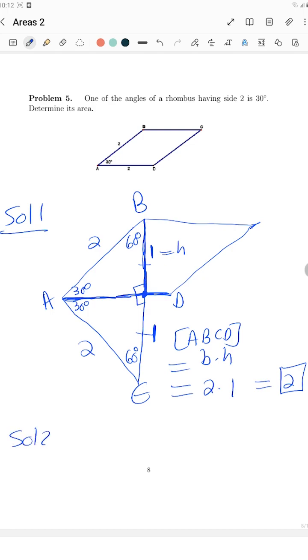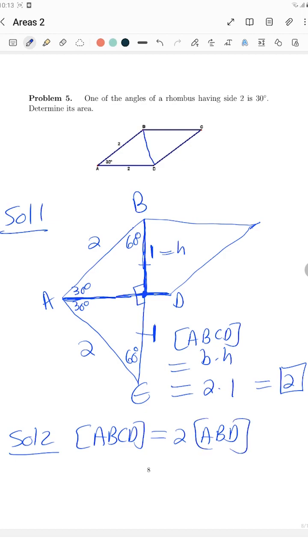There is a second solution if you know trigonometry. If you know trigonometry, we can say that the area of parallelogram ABCD is going to be twice the area of triangle ABD. Because if you connect B to D, you can see that the triangle on the left and the triangle on the right has the same area because they are congruent.